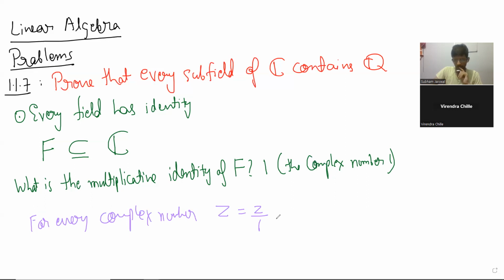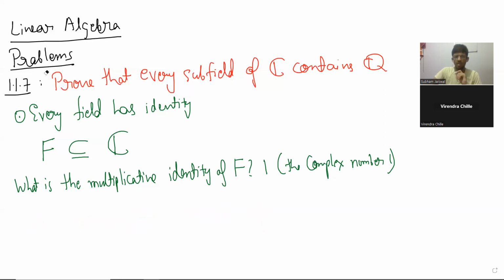It is in form of p by q. It is in form p by q. But why should it be there in F? There's no reason, right? And why will any complex number be there? That's not correct.